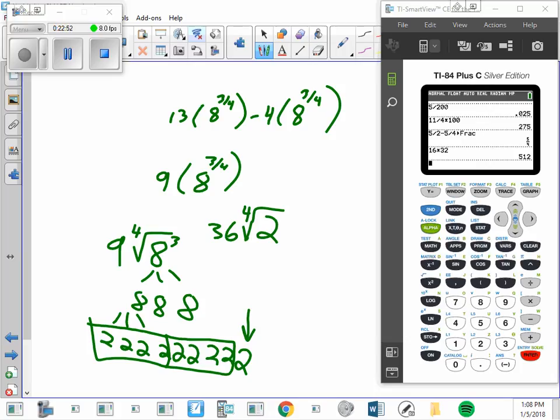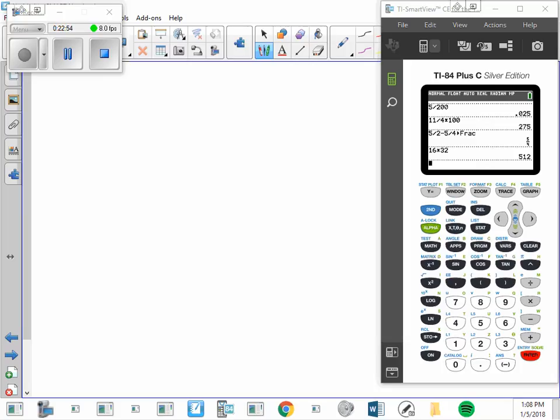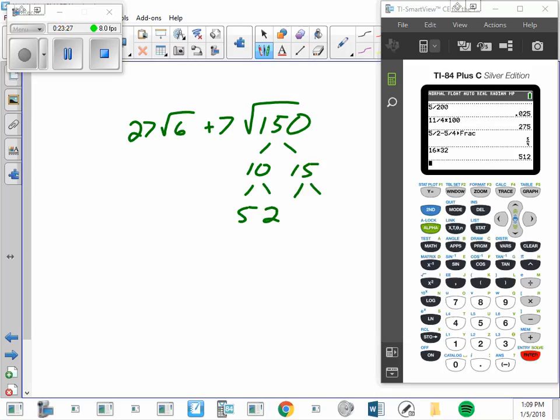Okay, the next one's a little bit tricky. 27 square root of 6 plus 7 square root of 150. Do those mix? No. 6 and 150 are different. So it's like saying 27x plus 7y. But I can try to simplify the 150. That would give me 10 and 15, 5 and 2, 3 and 5.